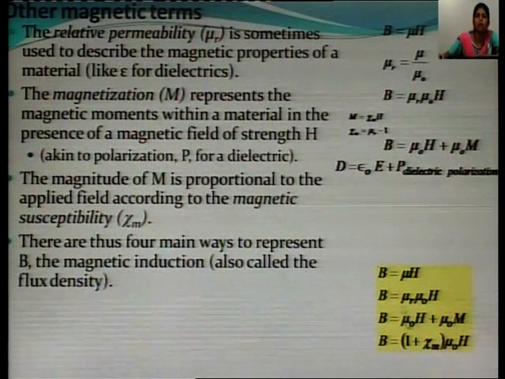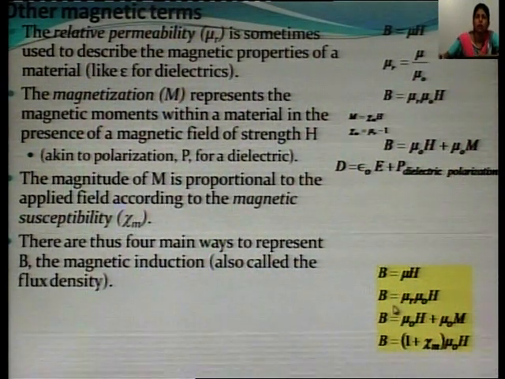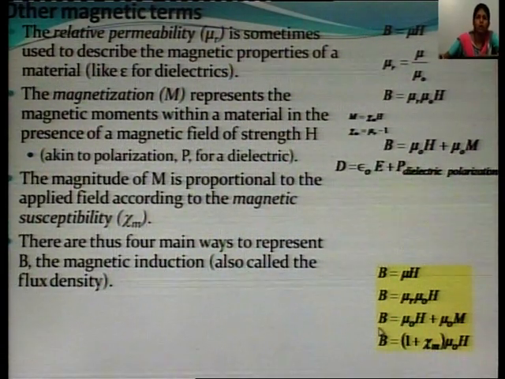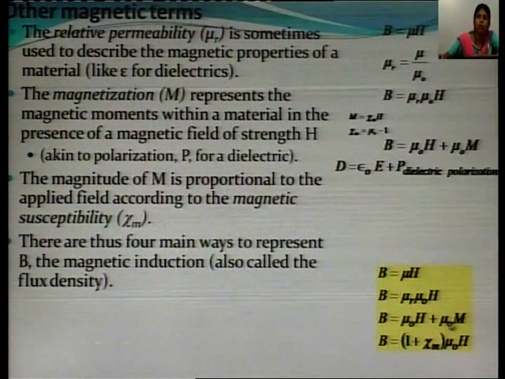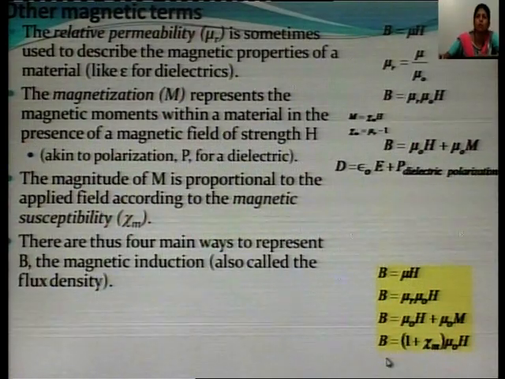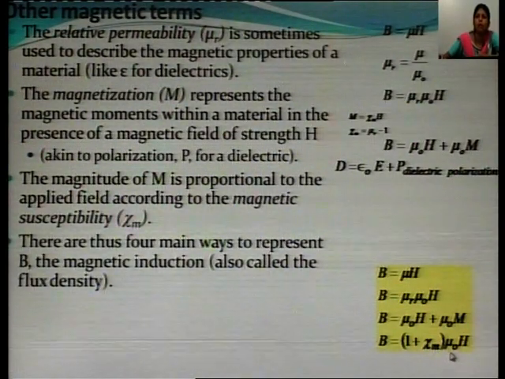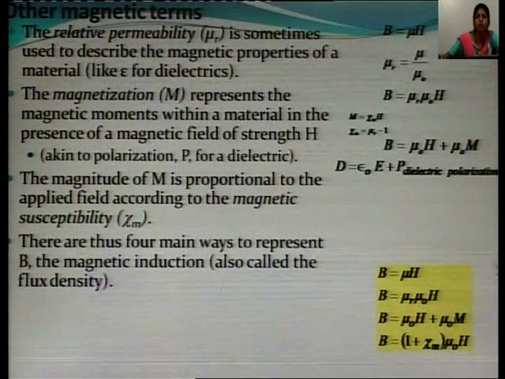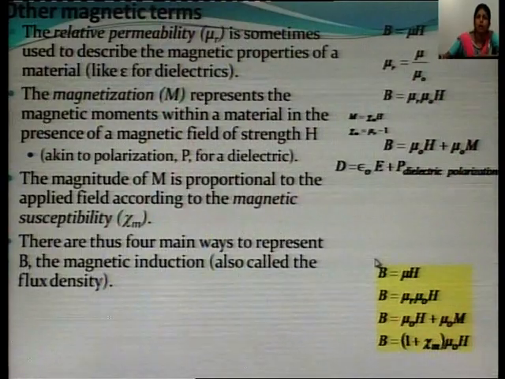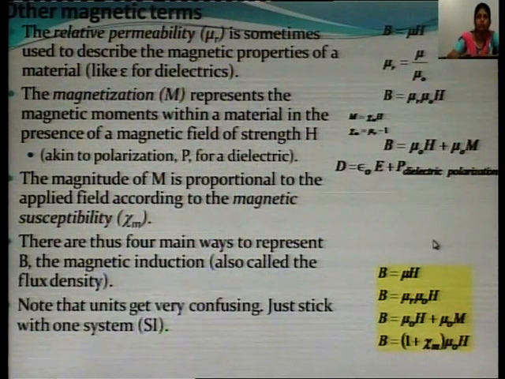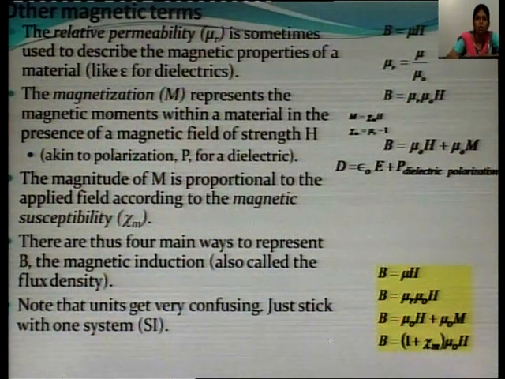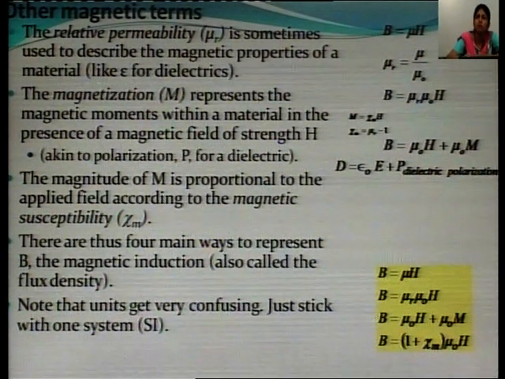First, B can be written as mu H. It can also be written as mu naught mu r into H. The third equation is mu naught H plus mu naught M, where M is the magnetization, and the last is B is equals to 1 plus chi m mu naught H. These are the 4 ways by which we can represent the magnetic flux density. The unit of magnetic flux density is Weber per meter square, or you can say Tesla.